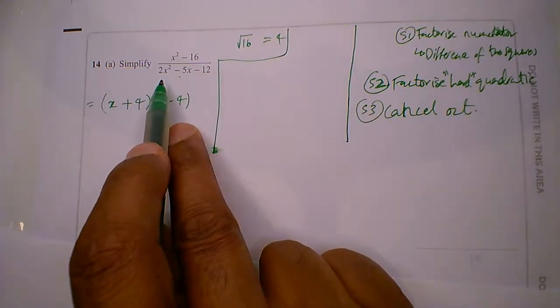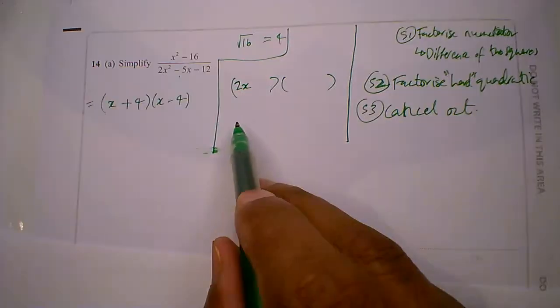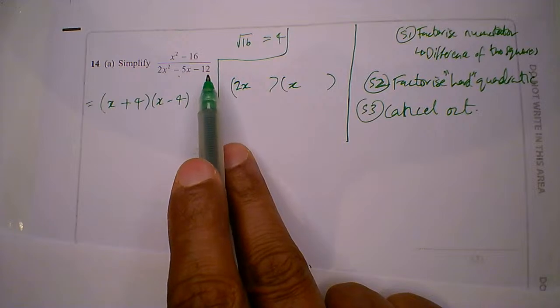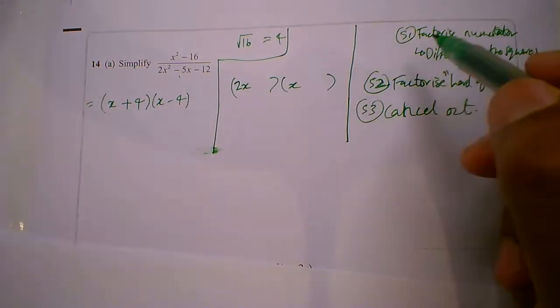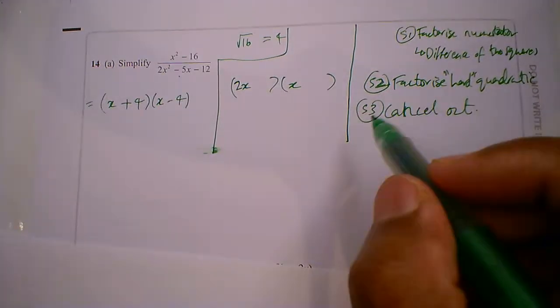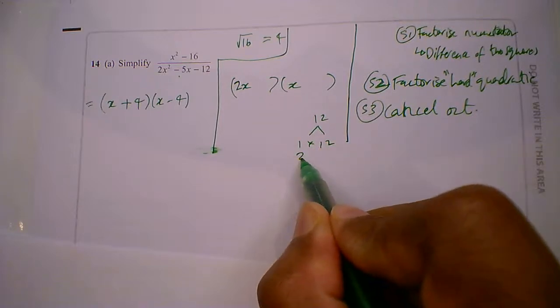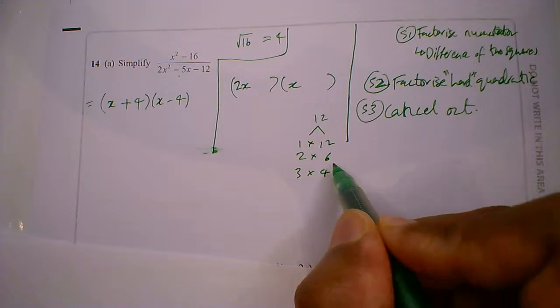So because it's 2x, one of them has to be 2x, the other one has to be x. And then I'm going to look at the multiples of 12. So if I break this down, if I look at the multiples of 12, I've got 1 times 12, 2 times 6, 3 times 4.